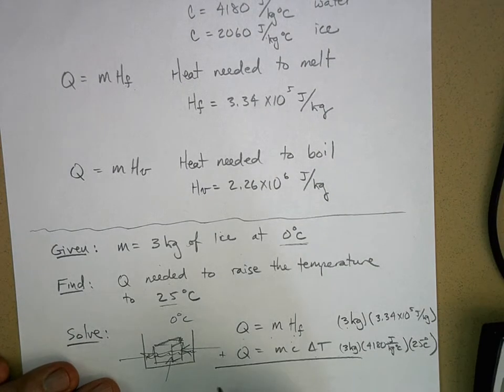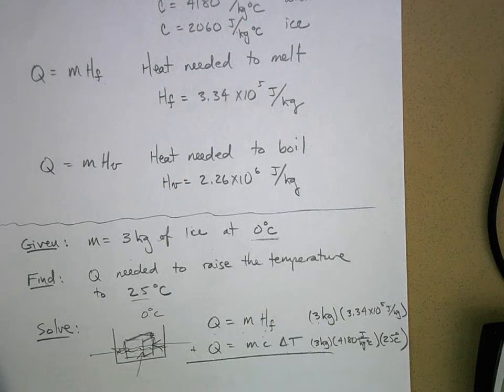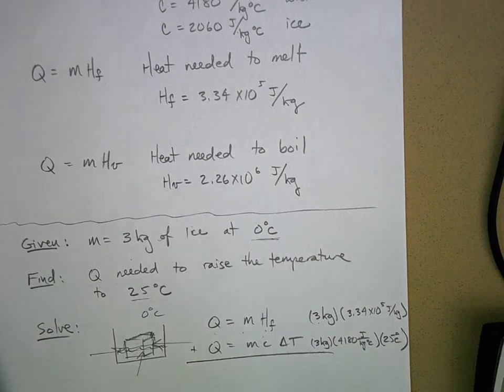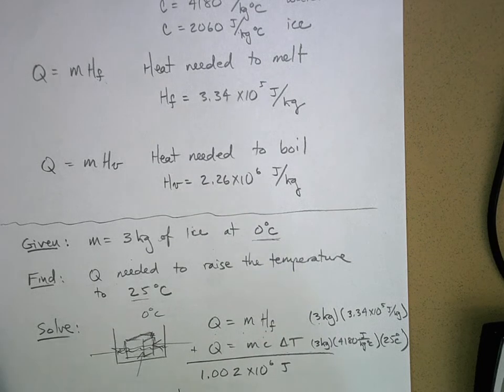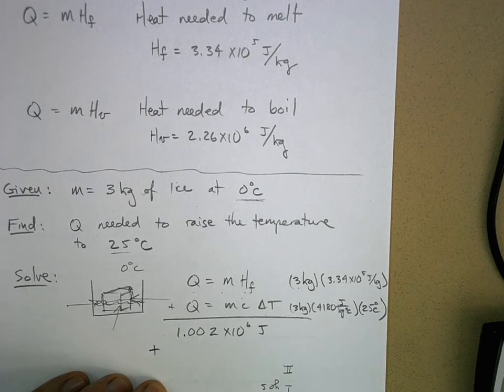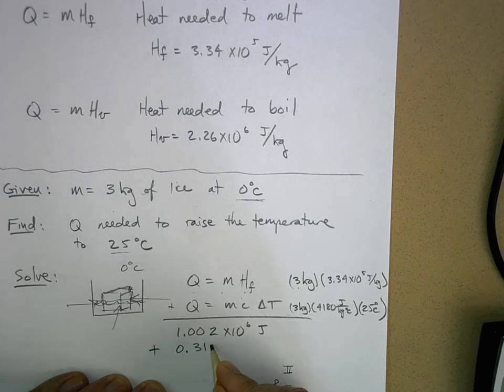So this is going to be equal to, well, let's see, 3 times 3.34 times 10 to the 5 equals, that's going to be 1.002 times 10 to the 6 joules, plus, well, let's see, 3 times 4180 times 25 equals, and that's going to be 0.314 times 10 to the 6 joules.